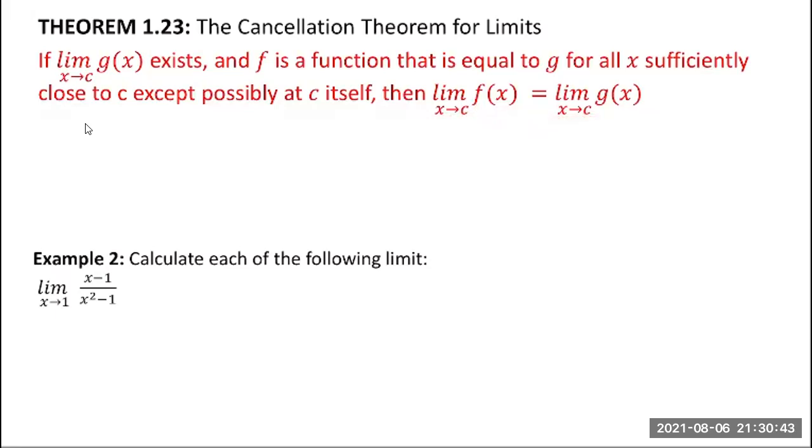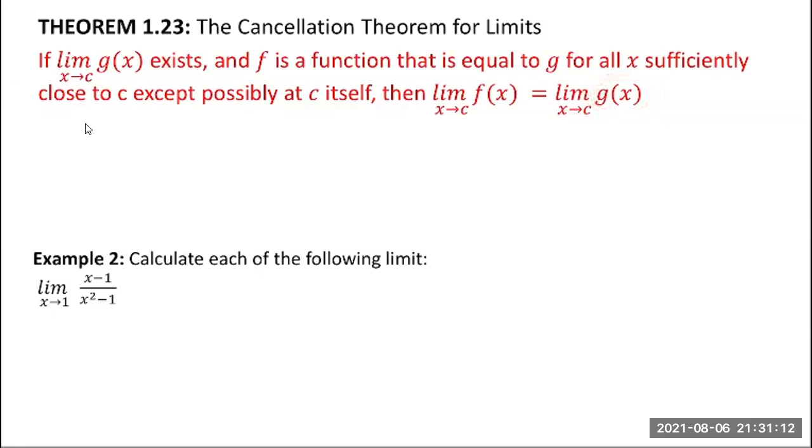What does this mean? That means you have two functions that are not necessarily equal at x equals c, but they are equal for all x sufficiently close to c. Then the limit of f as x approaches c is equal to the limit as x approaches c of g of x.